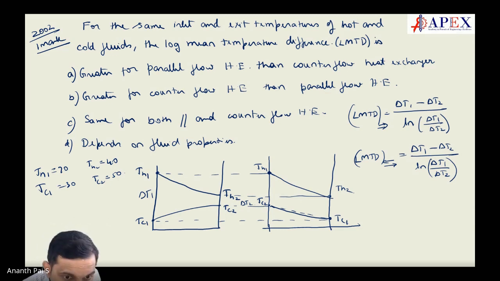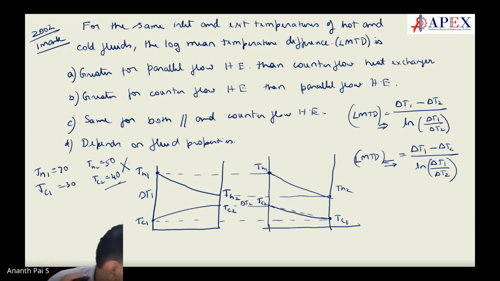In case of parallel flow, this is not possible. So this has to be 40, this should be 38. Okay, let us take it. Now put it and see. Correct, this is okay. Now put it into the equation and see.